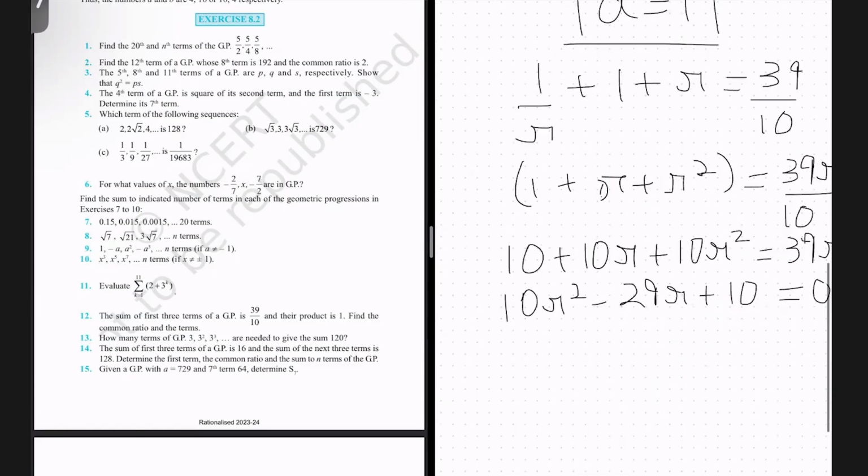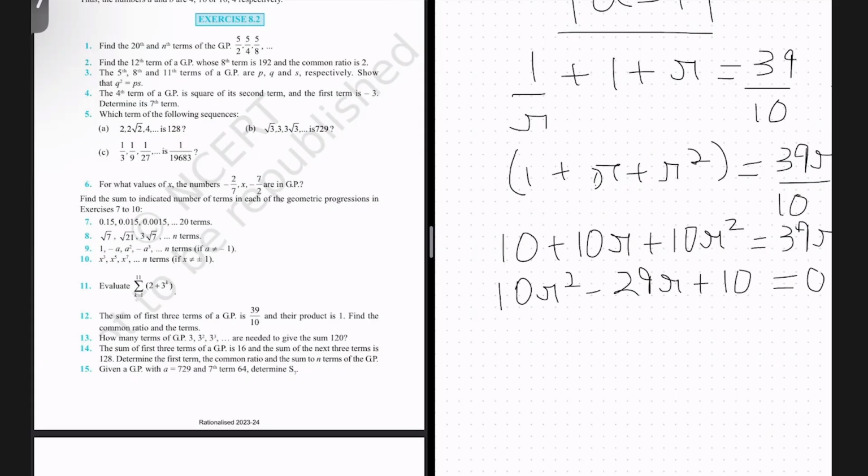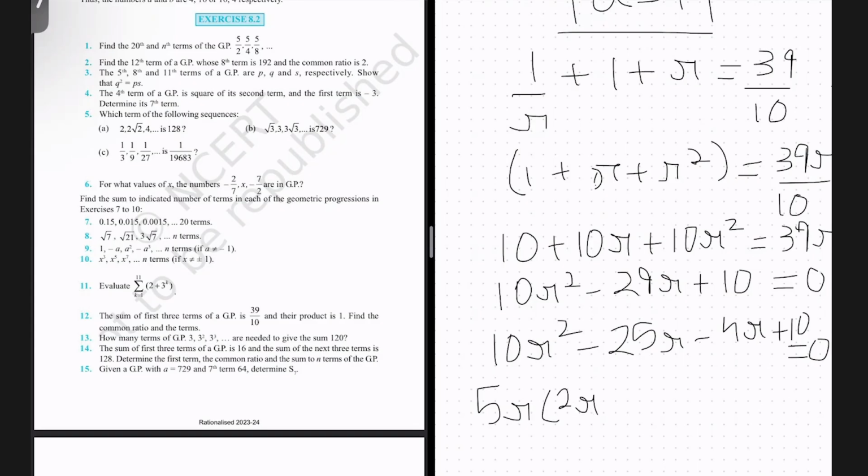Now, to find the roots of this equation, 100 can be expressed as 25 into 4. So let us split minus 29R into minus 25R and minus 4R. So what you obtain is 10R square minus 25R minus 4R plus 10 equals 0. Taking 5R common, what is left is 2R minus 5.